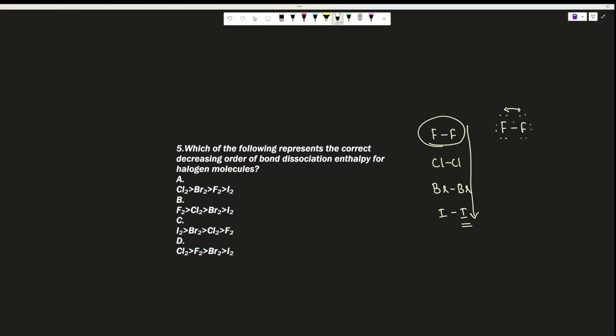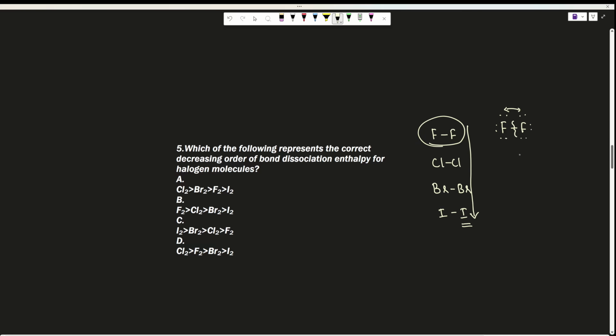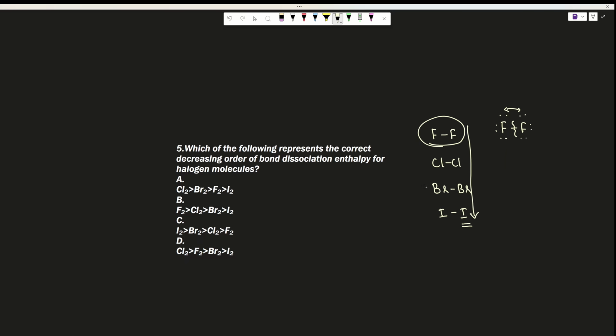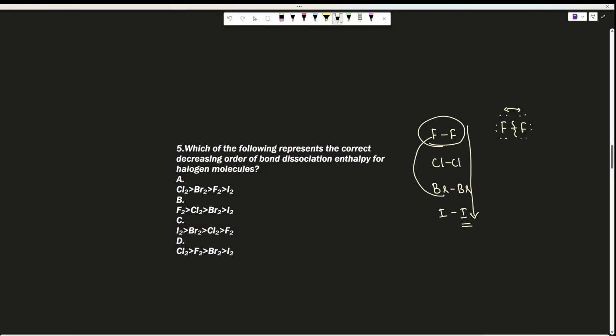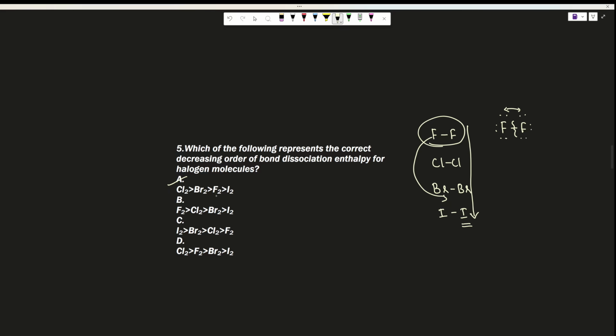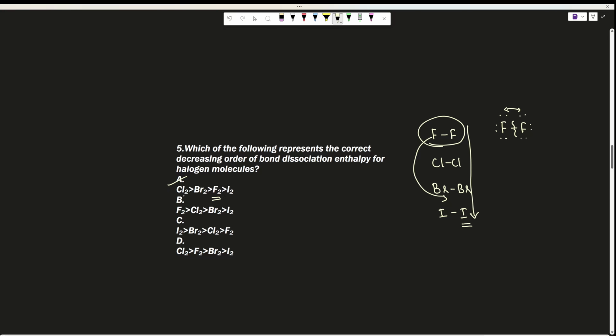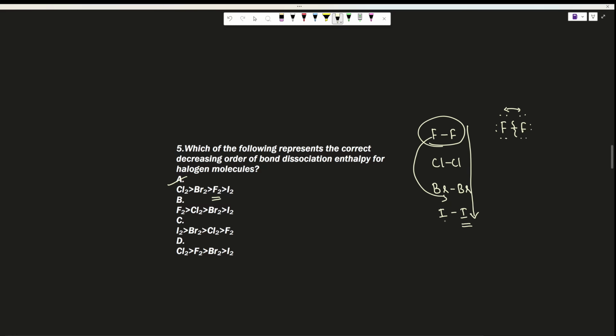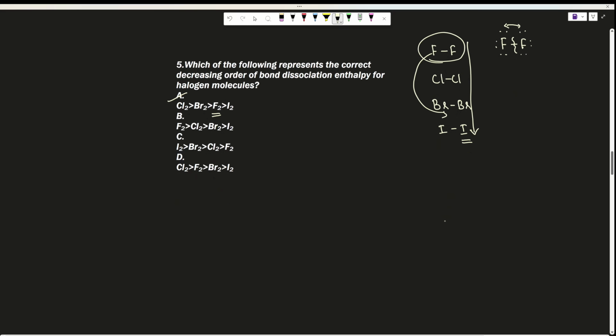That means you can easily break this bond, so the dissociation enthalpy will decrease. So what will be the order then? This fluorine will come at this place. So the order is chlorine, bromine, then fluorine, and then iodine. Just remember the position of fluorine. Others are according to the normal trend. Okay, next.